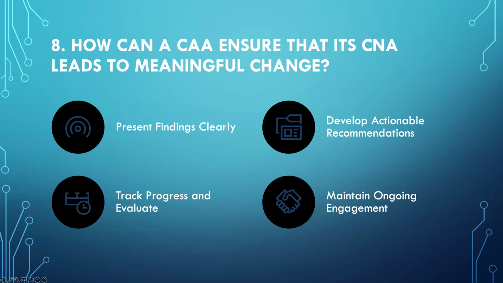We'll develop actionable recommendations. Okay, so through this process, as we understand what the need is, and if you remember your ROMA training, then we take that need and we're looking for an outcome, right? We want to be able to affect those needs, and that gives us our marching orders. That helps us to develop those actionable recommendations.